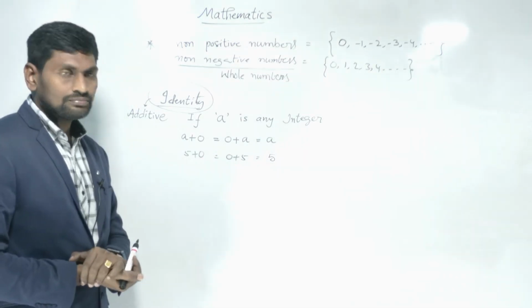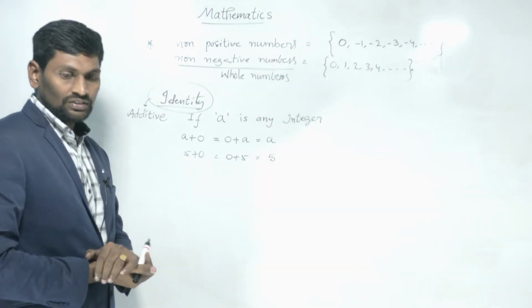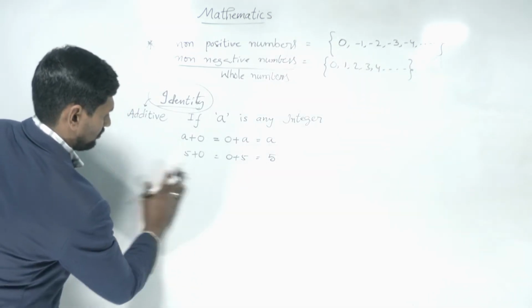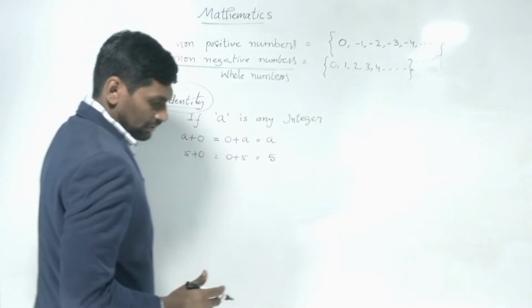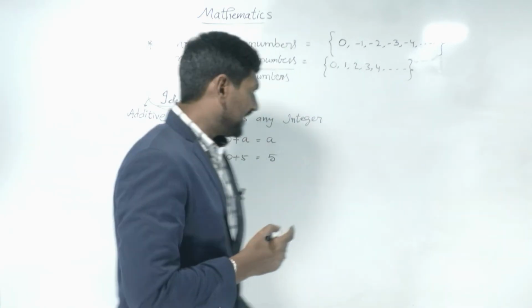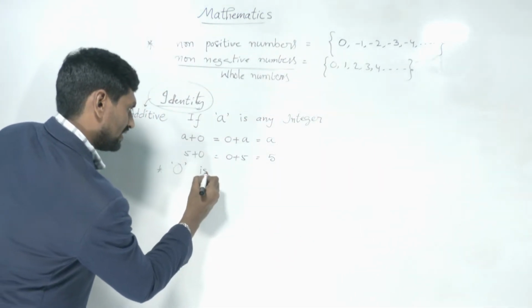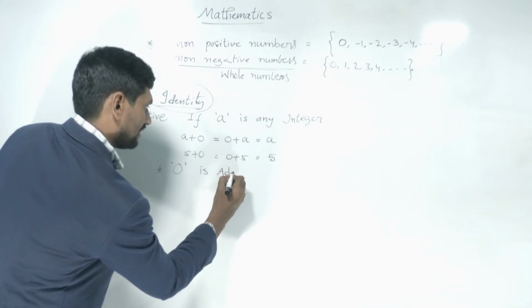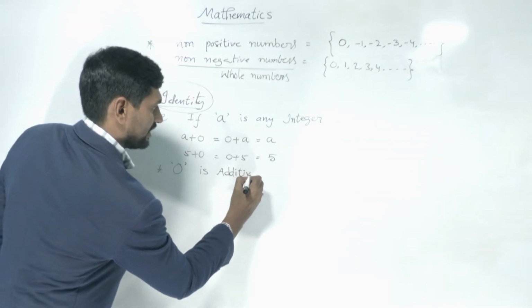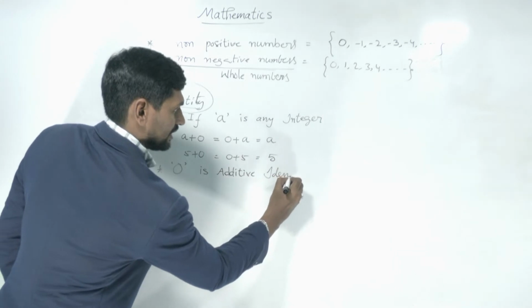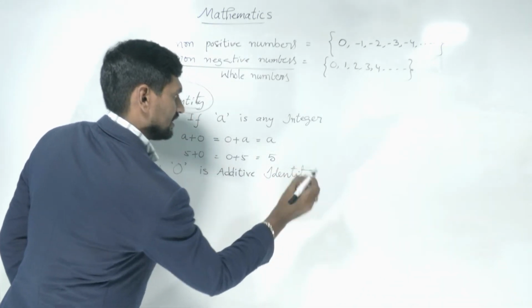Clear? Good. Now, to simply remember the identity property, what is the identity element here? Here 0 is the additive identity. 0 is the additive identity.